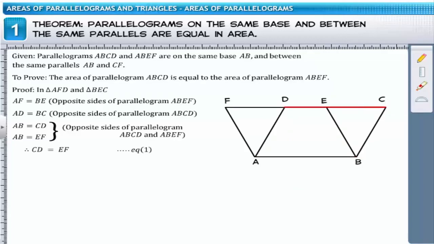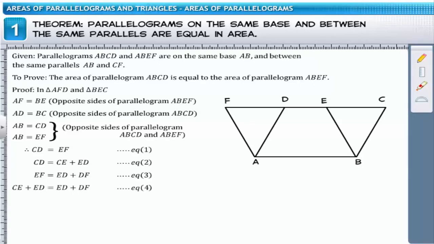Now, if you look at CD, it is equal to CE plus ED. Similarly, EF is equal to ED plus DF. Based on this, we get equations 2 and 3. On substituting equations 2 and 3 in equation 1, we get equation 4.